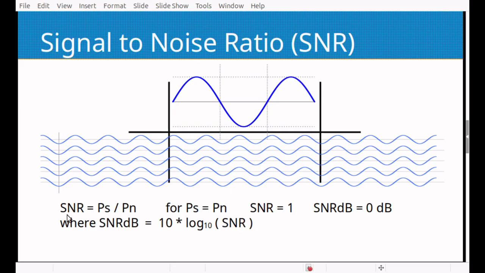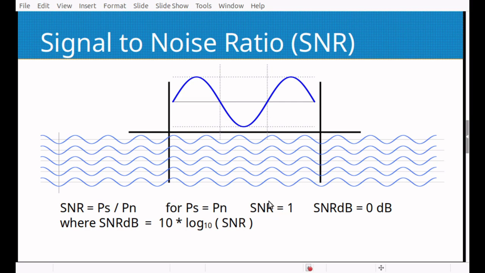So the measurement for signal-to-noise ratio is the power of the signal in watts divided by the power of the noise, again in watts. As an example, if the signal power were equal to the noise power, we'd have an SNR of 1.